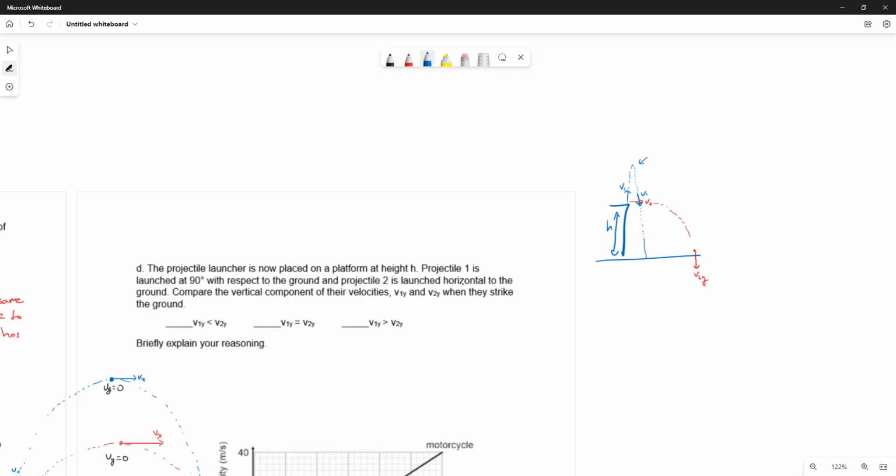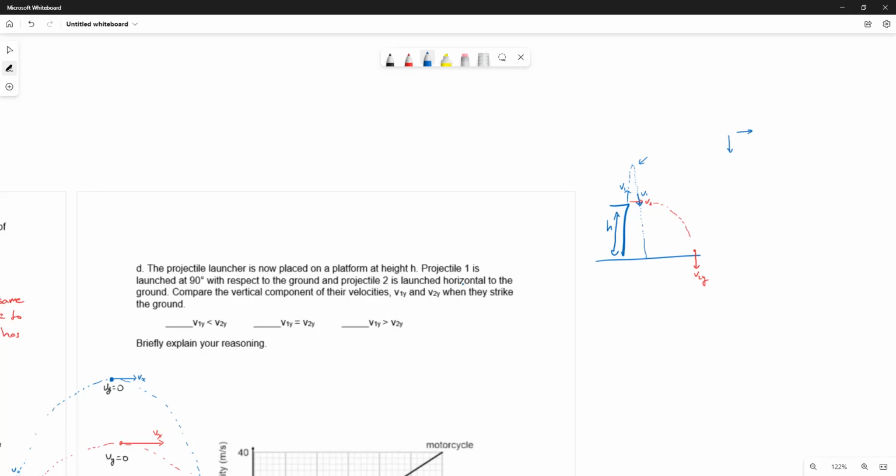So when it comes back down to the same height, h, v1 will be the same, but in the negative direction. And so this is effectively like you throwing down the rock instead of just throwing it upwards. So you're comparing an object that was thrown horizontally versus an object that was thrown vertically downwards, and seeing which one will hit the ground with a higher speed. Obviously, it's going to be the one that has the initial velocity downwards. It's going to go faster.